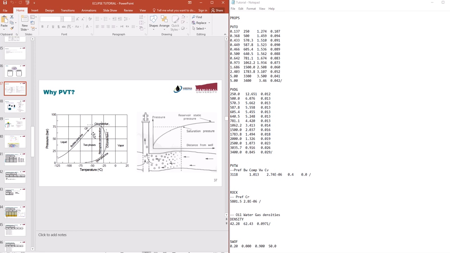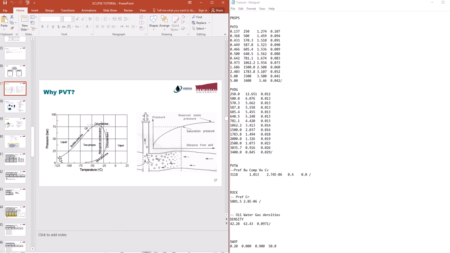If you remember from PVT, for different complex reservoirs, we have a pressure versus temperature curve, and we call this the PT diagram. And if we draw the PT diagram for a multi-component reservoir, we are going to have a phase envelope.